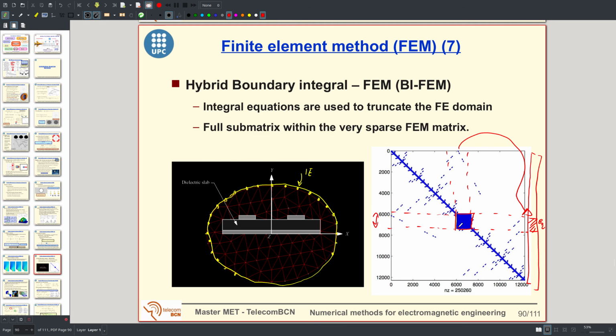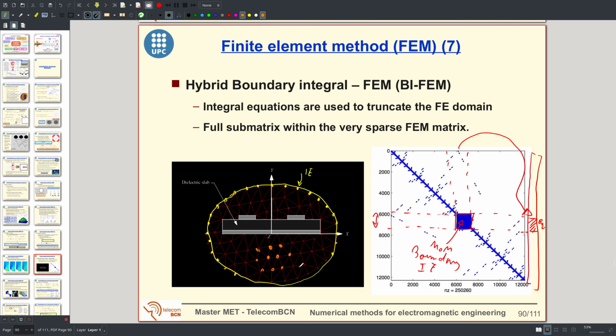Okay, so this submatrix is the method of moments discretization of the boundary, where you have an integral equation, and the rest is the finite element discretization of the samples at the nodes of the finite element.